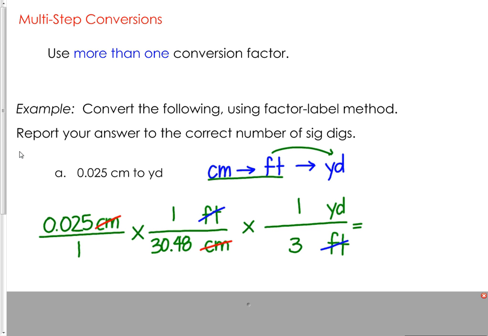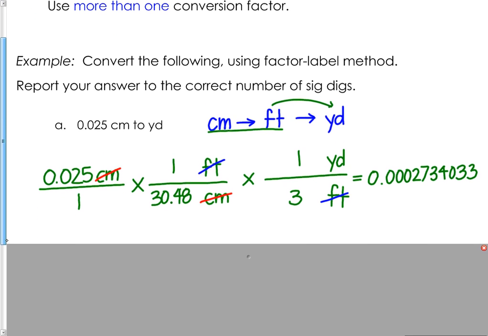You are going to get a fairly long decimal, and the decimal I'm getting when I do my math is 0.0002734, and then a couple more digits, 33. The trick will be to figure out how many significant digits I can actually keep in my final answer.